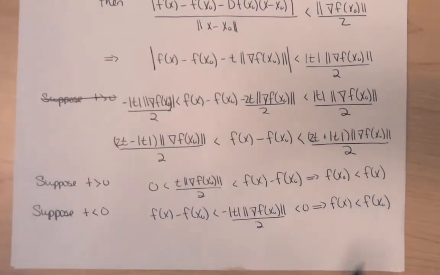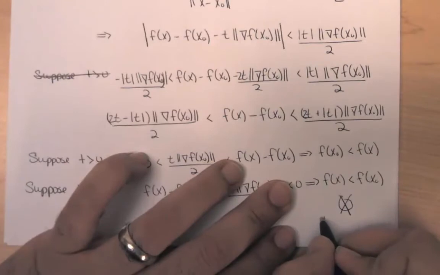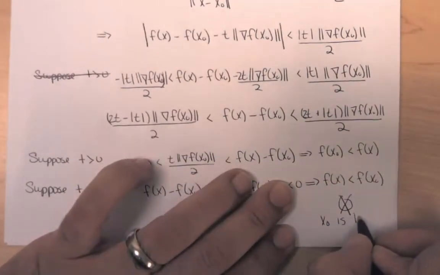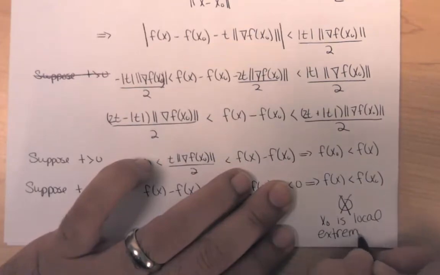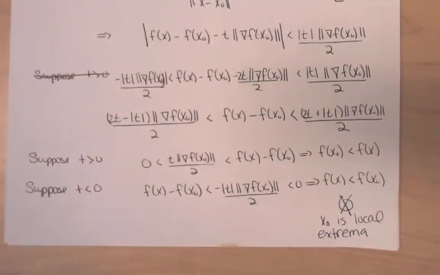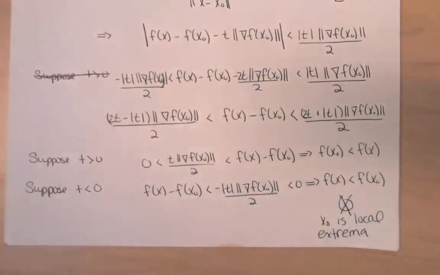That's what I started with. So that contradicts the fact that x naught is a local extrema. So it's not possible that x naught is a local extrema and the derivative at x naught is not 0. So we've proven our result.